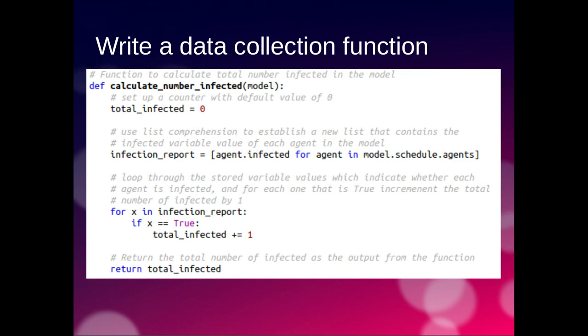Once we've got that, it's really easy. We can just then loop through that list, and for each element, if it says true, then we can increment the total infected counter by 1. That means there's another agent infected. Once we've done that, we can then just return the total infected number, that counter, and that will count how many agents are infected at this particular time in the model. So pause the video now and write out that function.